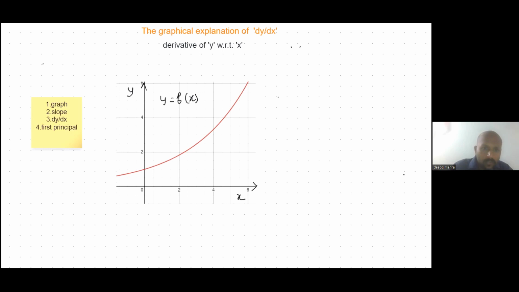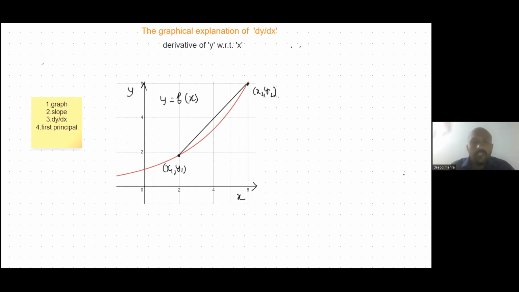Let's say I want to know the slope, or the average slope, of the function between two points, say x equal to 2 to x equal to 6. I want to evaluate the slope of this line which is joining the points (x1, y1) and (x2, y2).